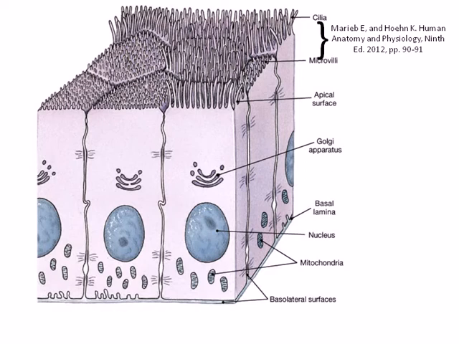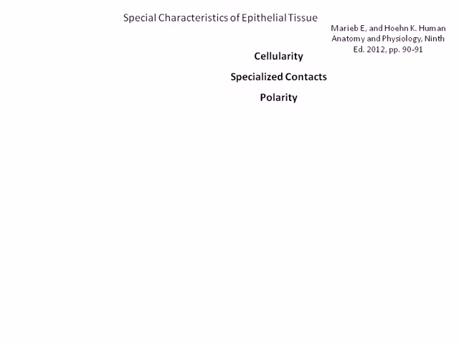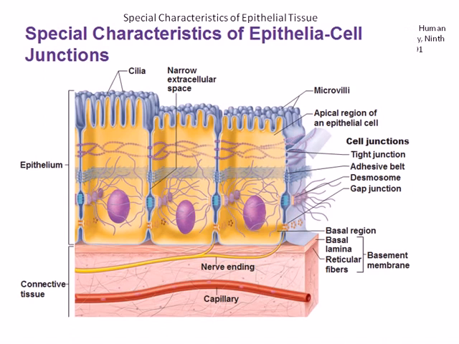Epithelial tissue never exists in isolation. It is always firmly attached to connective tissue. Just adjacent to the basal surface is a thin sheet of glycoproteins secreted by the epithelial cells known as the basal lamina. The basal lamina acts as a filter that allows certain substances from the connective tissue to enter the epithelial tissue.